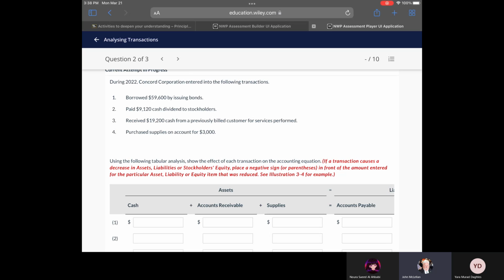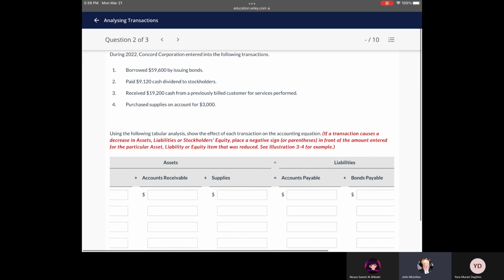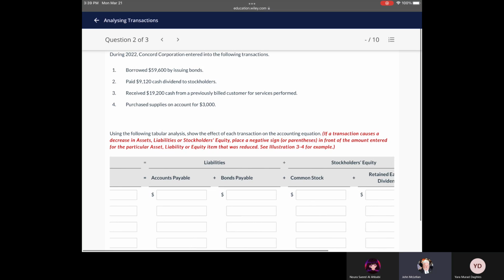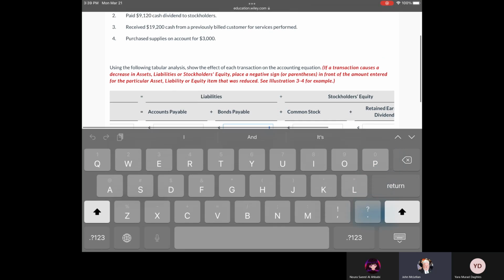During 2022, Concord Corporation entered the following transaction. Borrowed $59,600 by issuing bonds. Now, a bond is like a notes payable. Okay? Oh, they have bonds payable here.